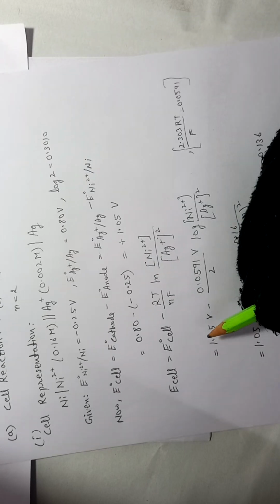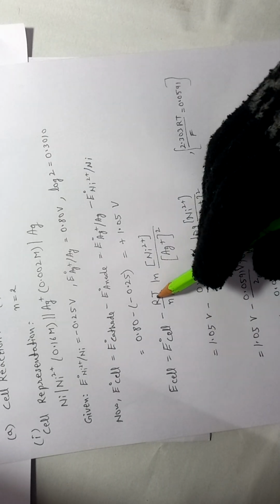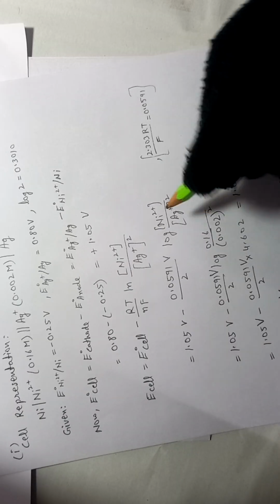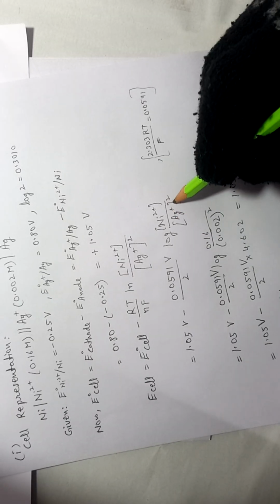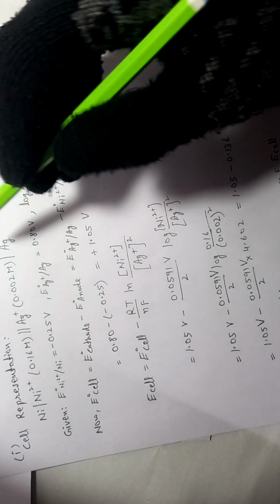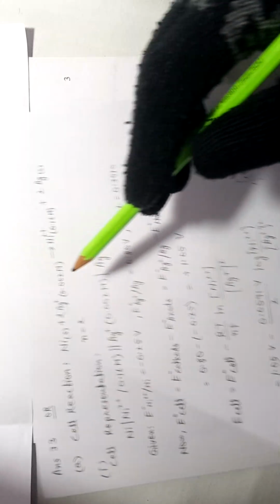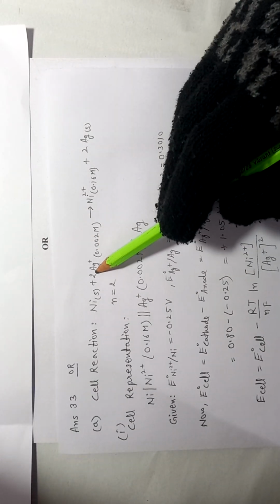Now for E cell equal to E naught cell minus this formula, and we substitute these values. Take care. The concentration of silver ion is raised to power 2 because of this 2 in the cell reaction. It is in the cell reaction. It is 2.